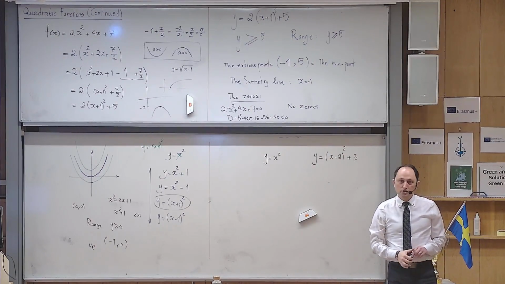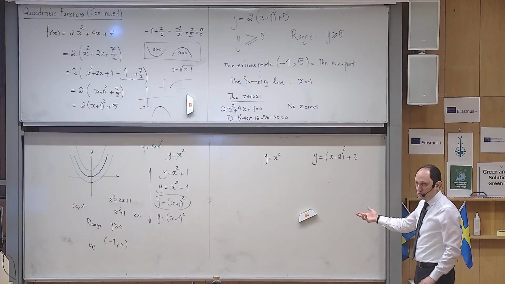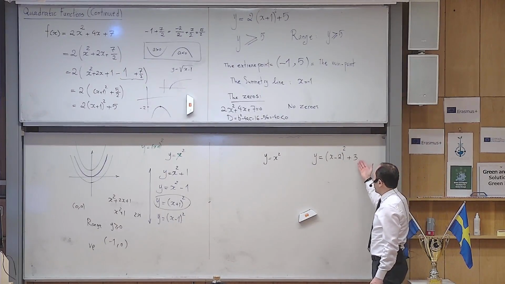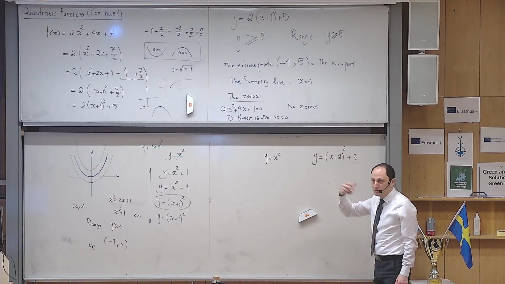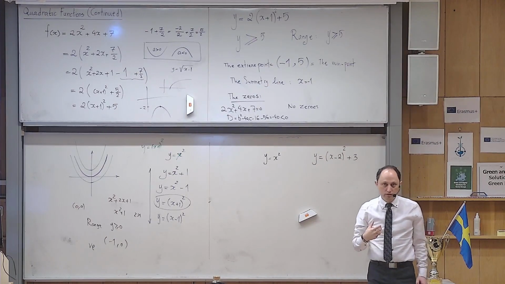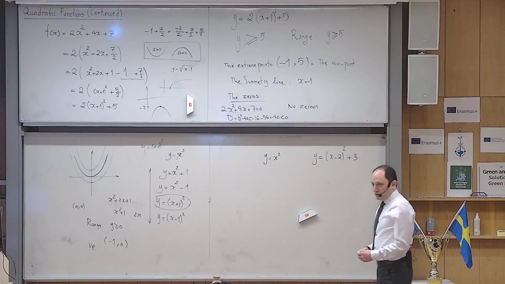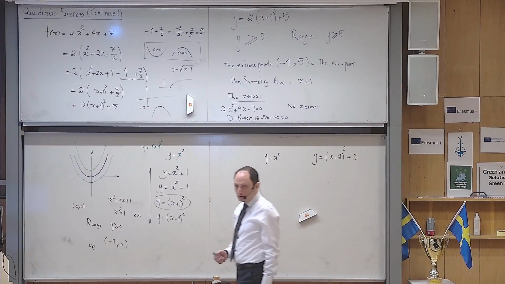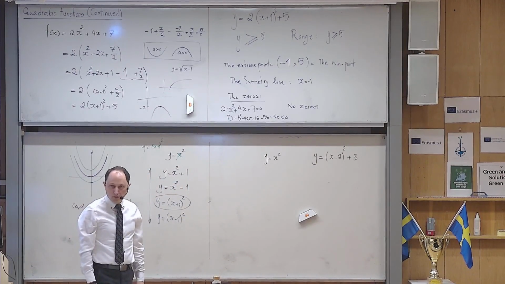How do you imagine this graph now? Those two things are happening simultaneously. A 3 is added to the whole function, but 2 is subtracted only from the x part. So what happens, do you think? Right, it would move 2 to the right and 3 up, simultaneously.